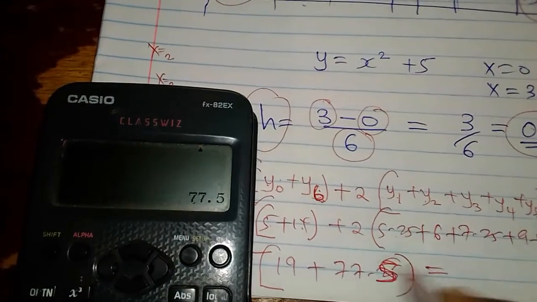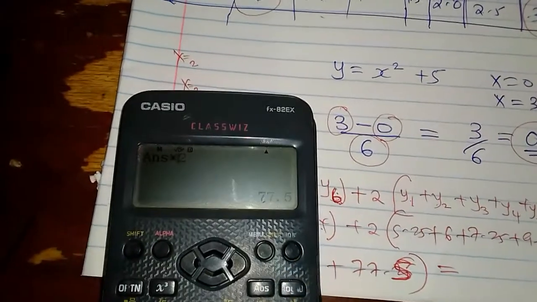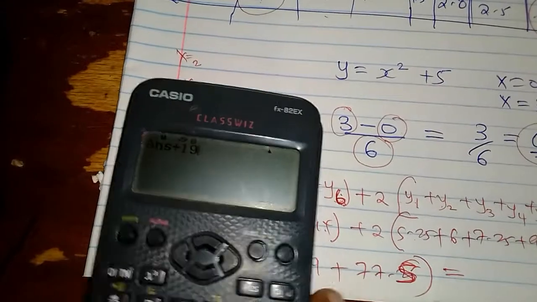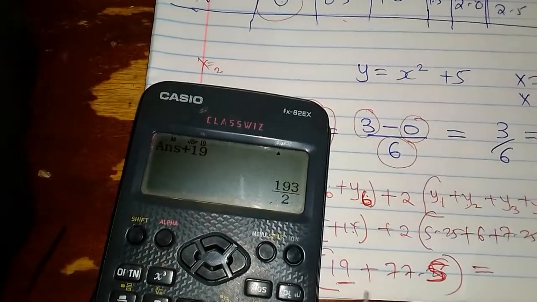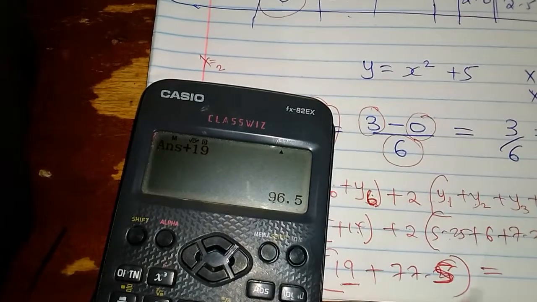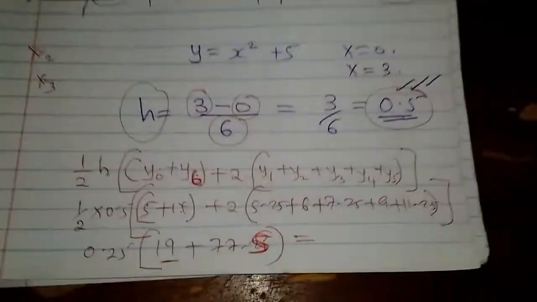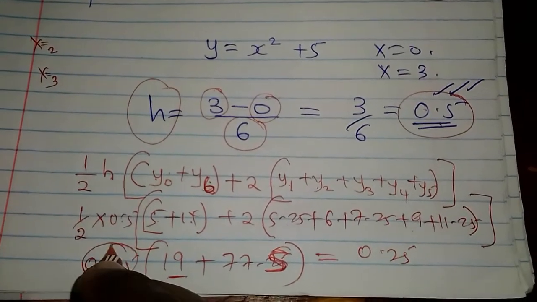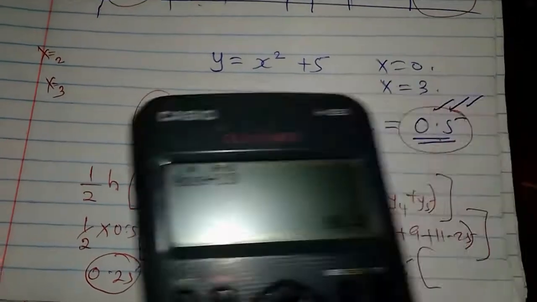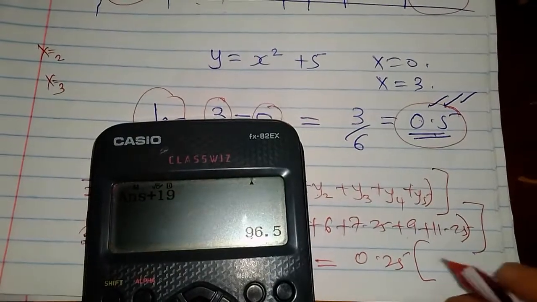So I have to add 19. Then plus 19 here. What do I get? 96.5. So I have 0.25, this one, into 96.5.